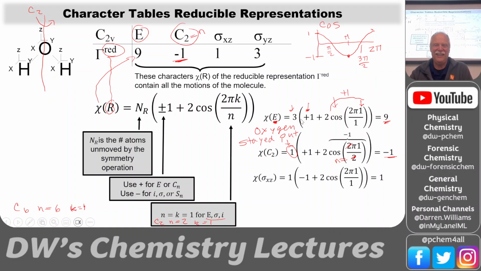Okay. Now let's do the next one, sigma xz. The xz plane is this plane coming out of the board. So what atom didn't move? The oxygen again. The oxygen's right on the plane, and the hydrogens swap places, so we ignore them. The oxygen didn't move, so it stayed put again.